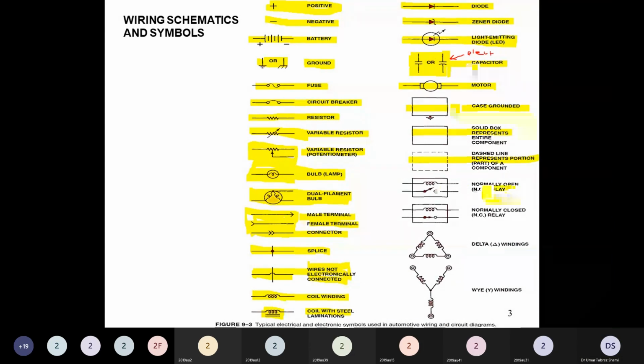Now the ninth symbol represents the relay. The relay is an electromechanical device which opens or closes according to the current in the coil.